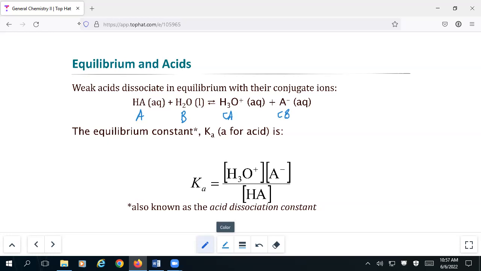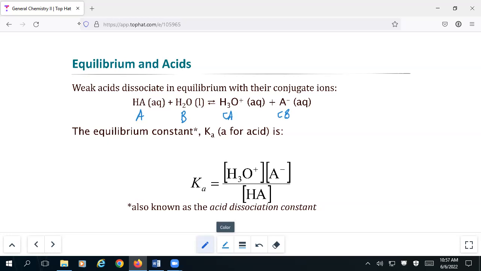Depending upon the nature of that acid, that A minus can be a lot of things. If it's acetic acid, we're talking about the acetate ion. If it's nitrous acid, we're talking about the nitrite ion. If it's sulfurous acid, we're talking about the hydrogen sulfite ion as the conjugate on the other side.